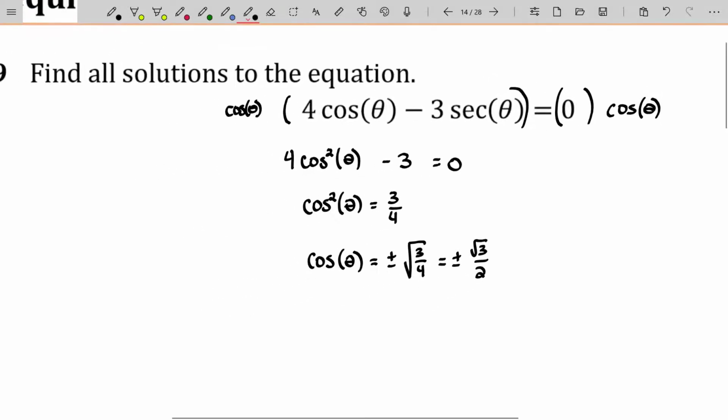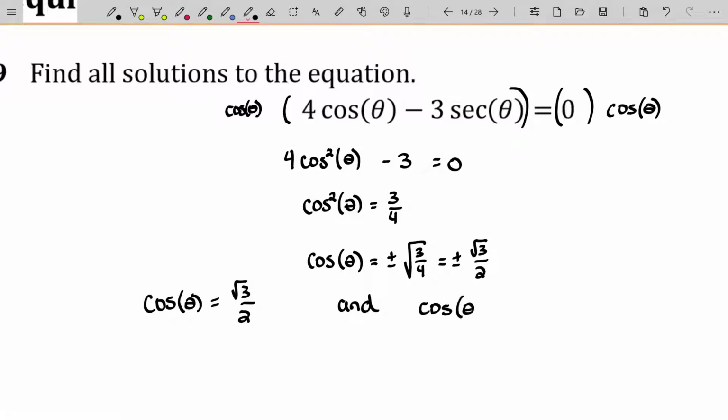So we have two equations we're solving now. The cosine of theta is equal to the positive square root of 3 over 2, and the cosine of theta is equal to the negative square root of 3 over 2.